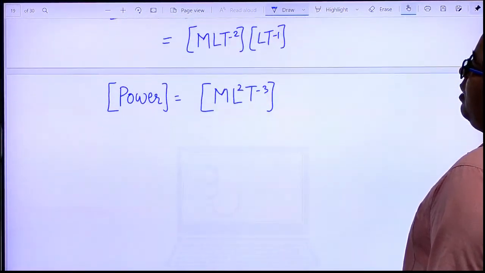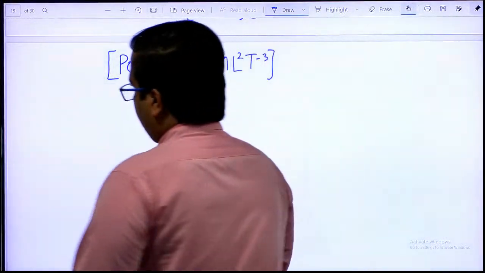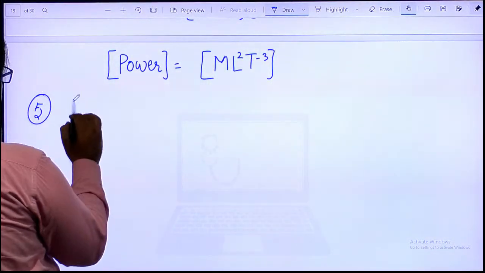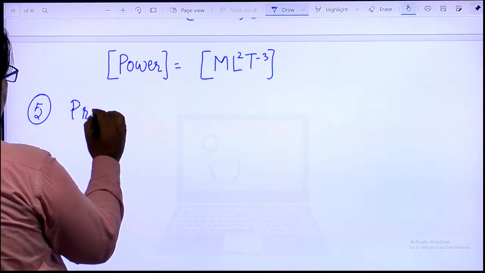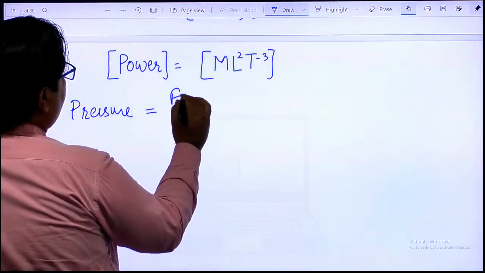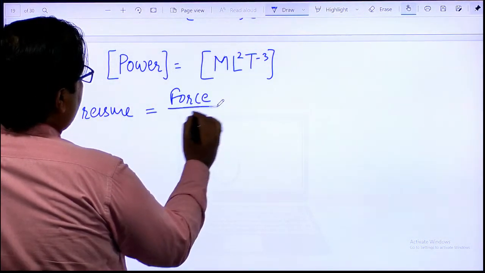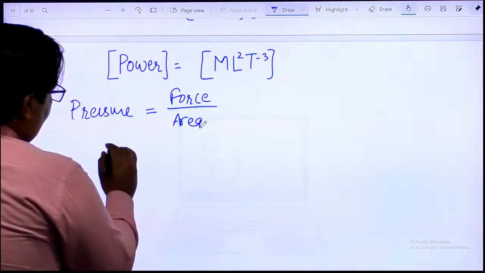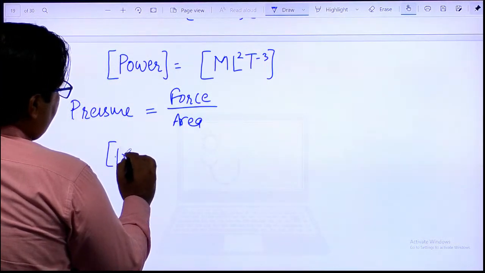Then the fifth one is pressure. Pressure is force by area.